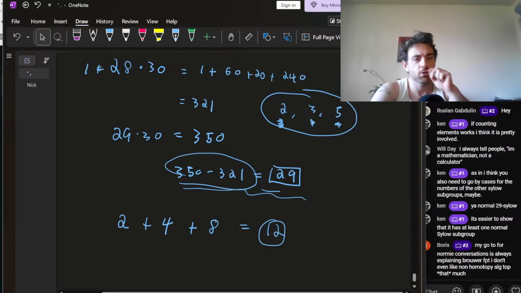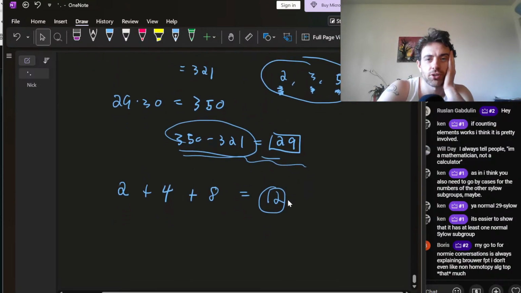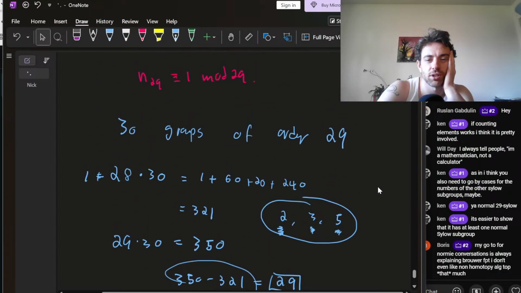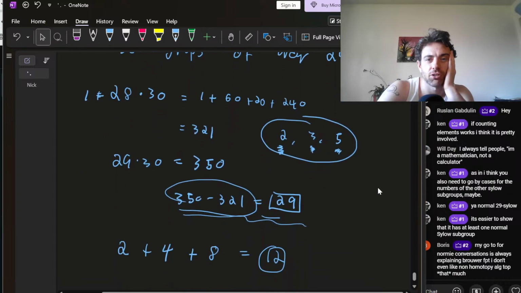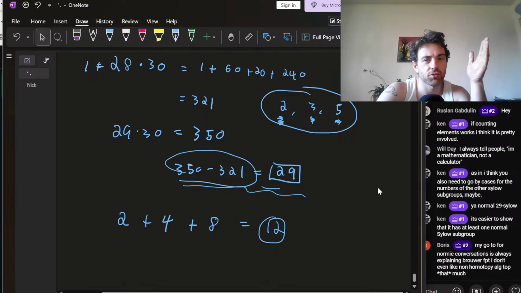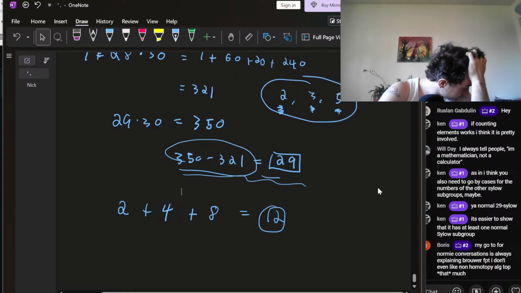Yeah, I wonder. Maybe the key is to do Sylow on the other ones, and then show that we have a certain number of Sylow groups in the other cases.